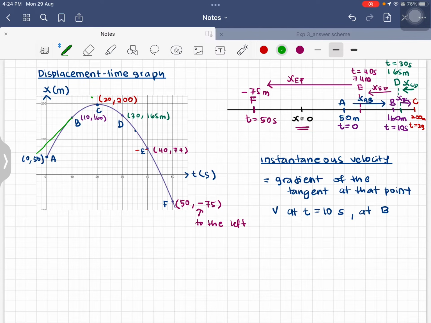You kena cari satu garis di mana sudut atas ni dengan sudut bawah ni adalah sama. Agak-agak je.